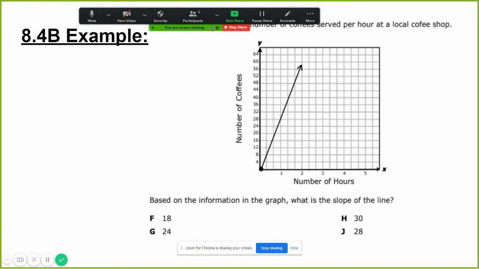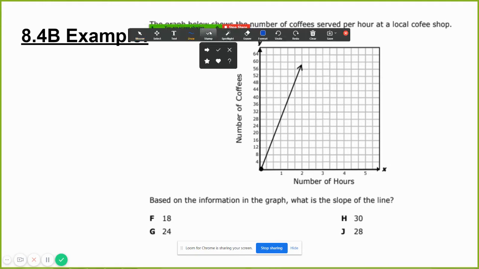So let's draw and let's see what we can find. We need to find the slope just by looking at this. And so in your notes, we know we need to find an exact point on this line. And I am going to look at right here. And then if I go down, and bear with me as I draw, I know that this goes with this.